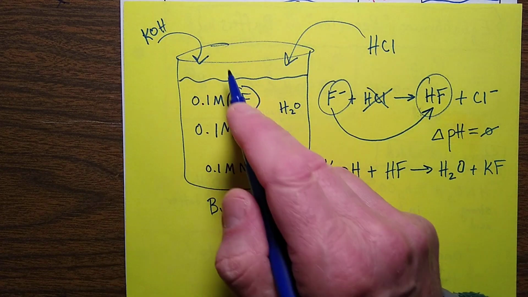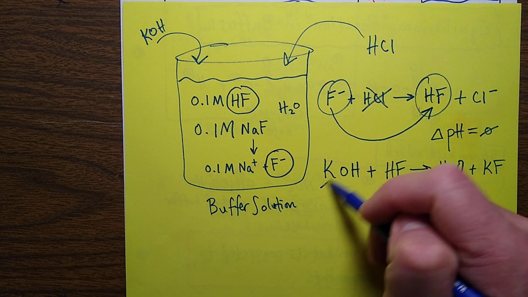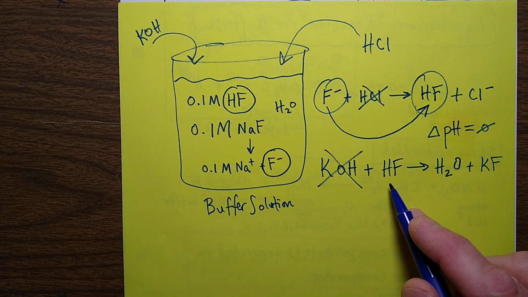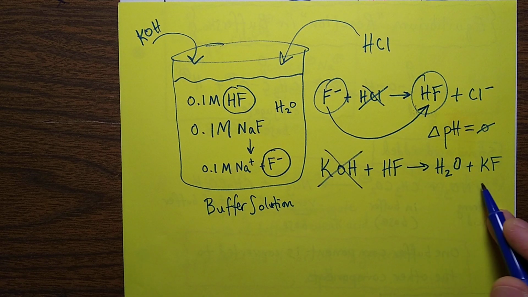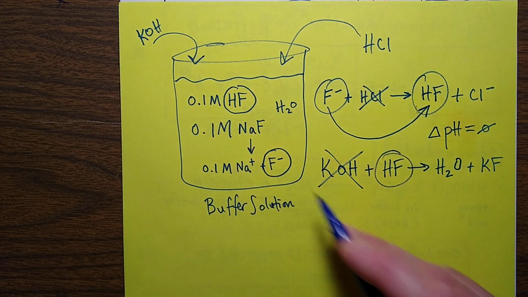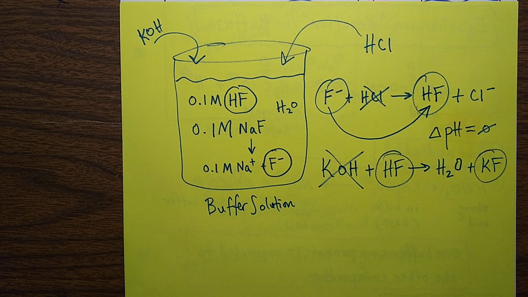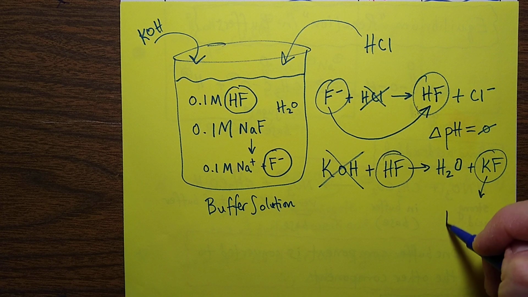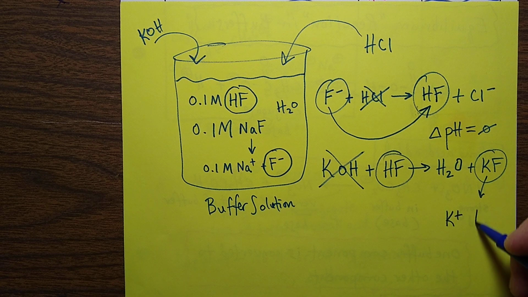Same thing here. Add in base. As long as it's not too much base, it's completely neutralized by the added acid. So after the reaction occurs, all you have is a little bit more of the parent weak acid and a little bit of its conjugate base, because potassium fluoride is just a soluble salt, and it's potassium ions and fluoride ions. So there's your conjugate base of the weak acid.